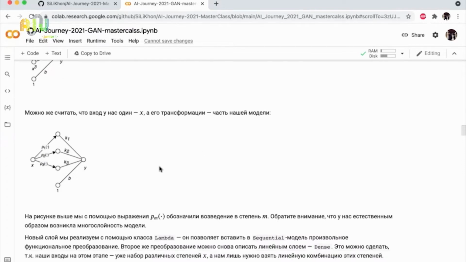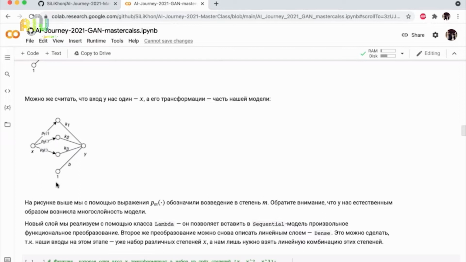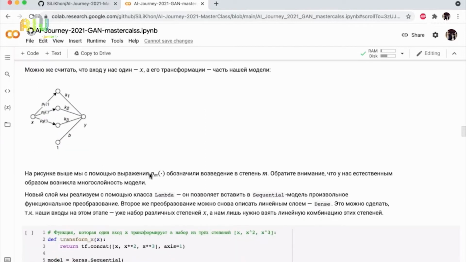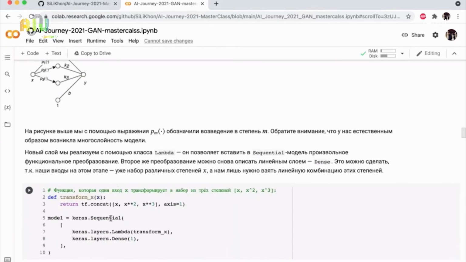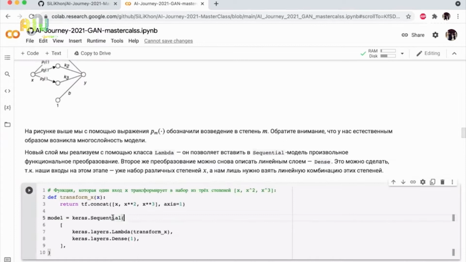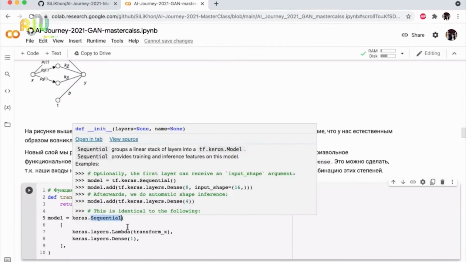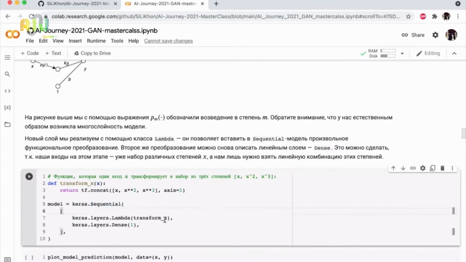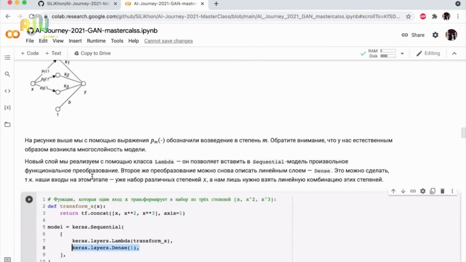Here a factor 1, here a factor 2, here a factor 3 to the power of 3. And here we have many layers of the model. The model automatically becomes, it consists of 2 layers now, and we can implement it in our code. We use a sequential model to do that. It's a sequential set of steps, but now we're going to have 2 steps. The last step is going to be linear still. It's just a linear combination of what we have here.